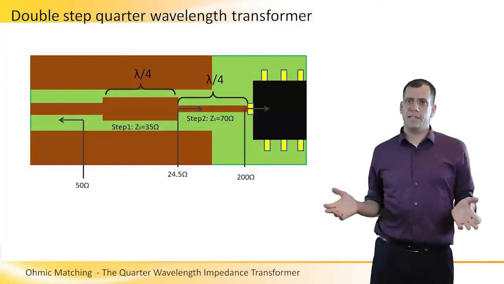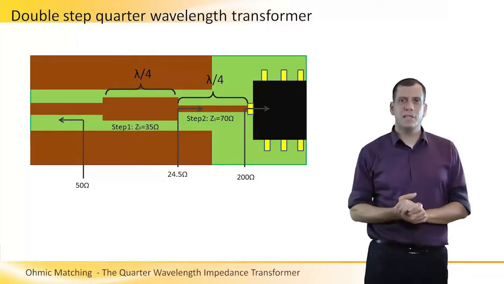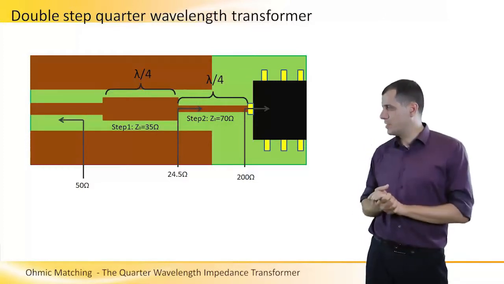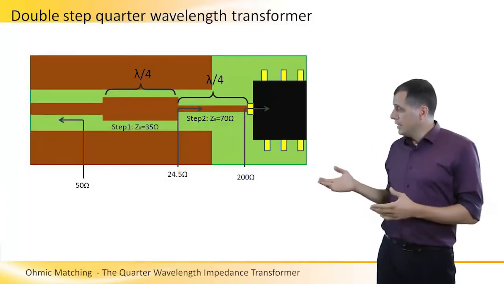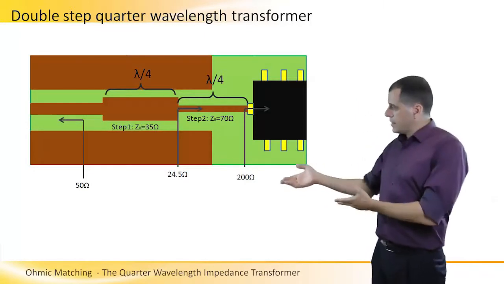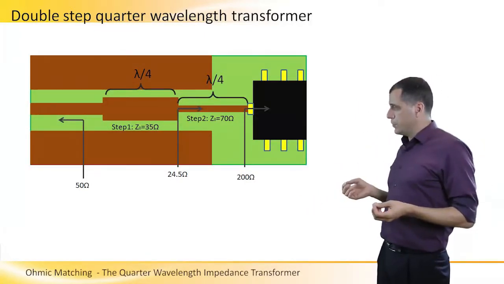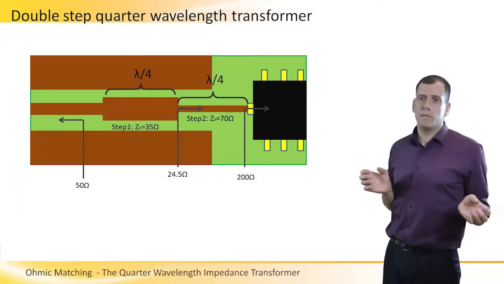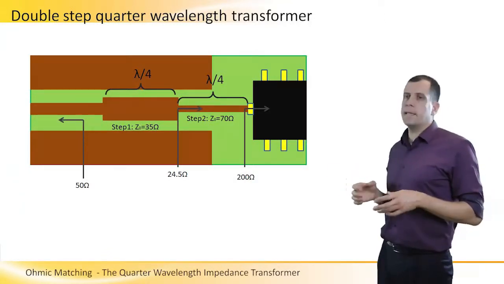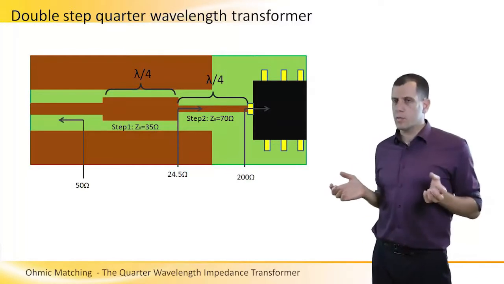Well, here is how we deal with this problem that we mentioned in the previous slide. Here is our device. It has the impedance of 200 ohm, like we mentioned before, and we want to match it to 50 ohm. And we cannot design the 100 ohm quarter wavelength that we need.